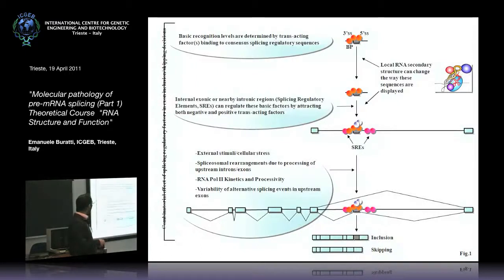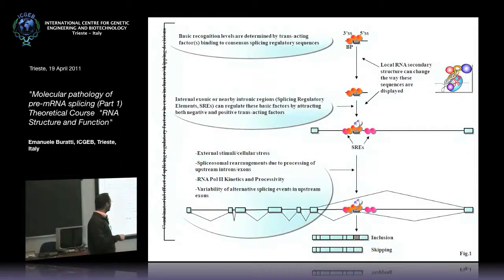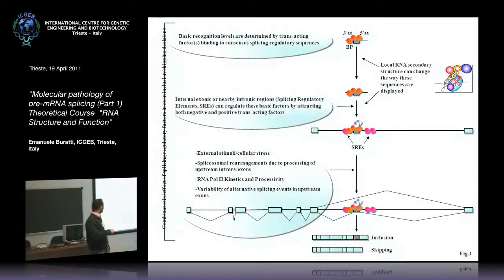And then, of course, there are a whole series of factors that are very hard to predict beforehand and have to do with the velocity of the RNA pol II, so the velocity at which the pre-mRNA is transcribed, whether particular splicing events occur before the exon that actually has to be included or not, and also external stimuli or just the general status of the cell.